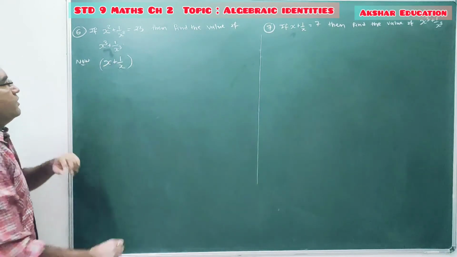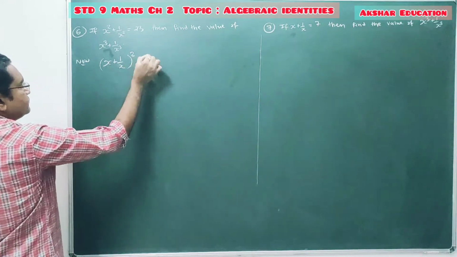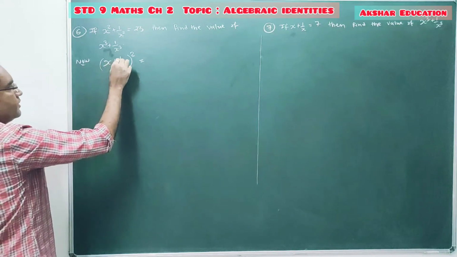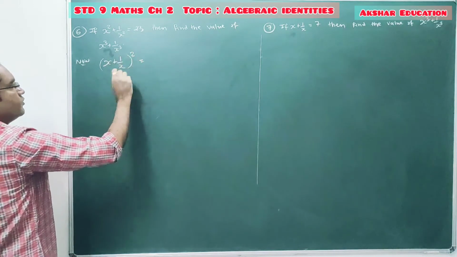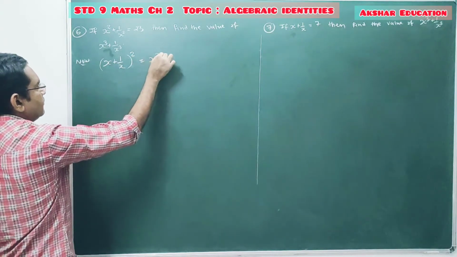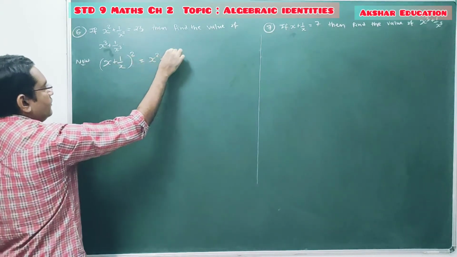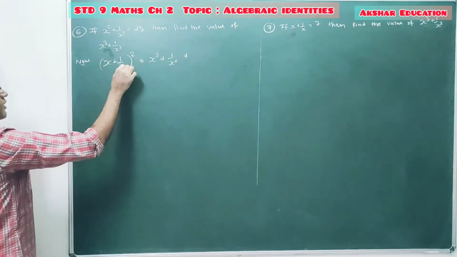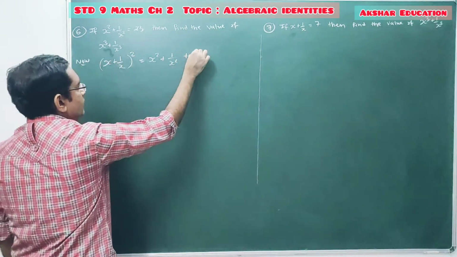Done? And for this one, we are taking the square. So it's a square of a binomial: the first term square plus second term square plus 2 into first into second term. So the first term square is x square, the second term square is 1 upon x square, plus 2 into first into second term, so it will cancel, it's a 2 only.